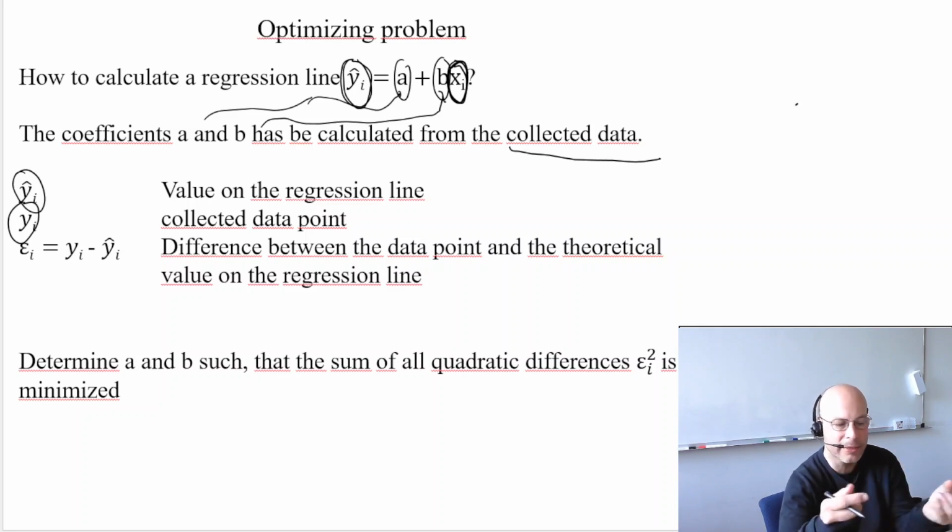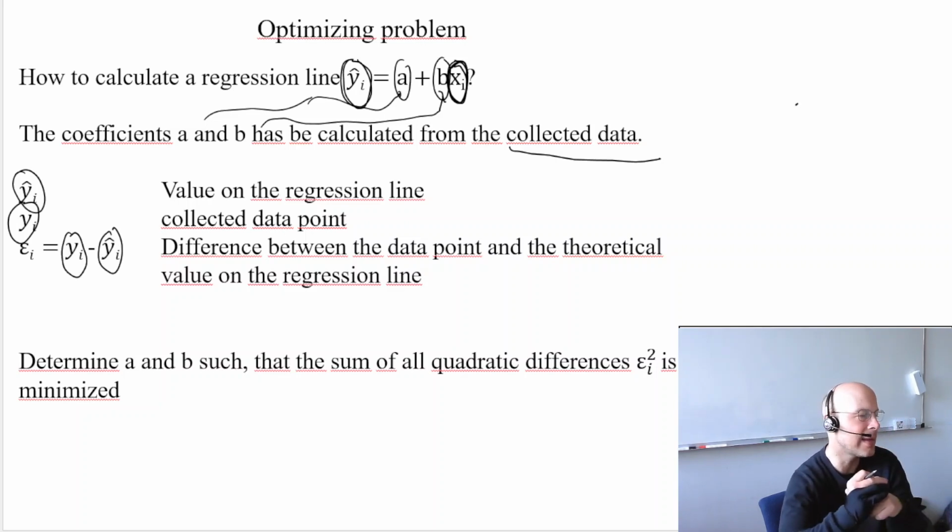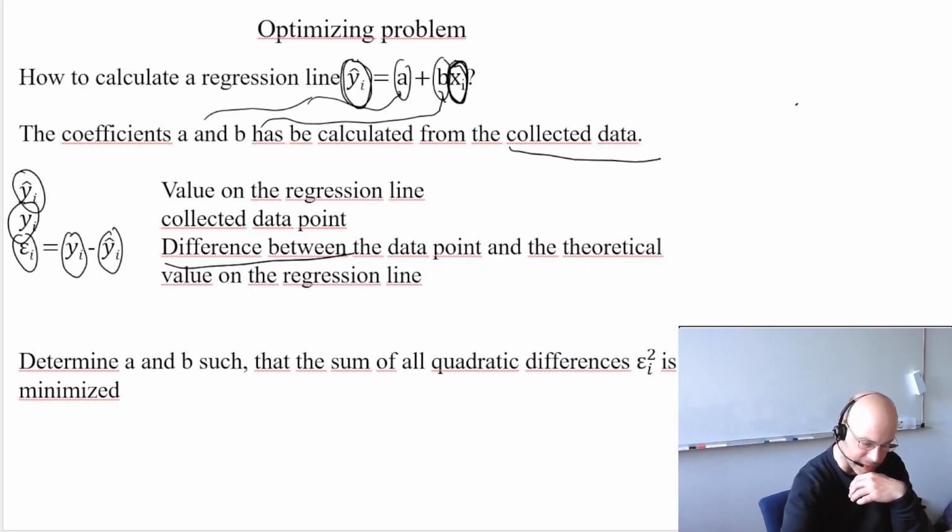And the difference between our theoretical value and our collected data point, this we call epsilon, and this is just the difference between our theoretical value and our true value.